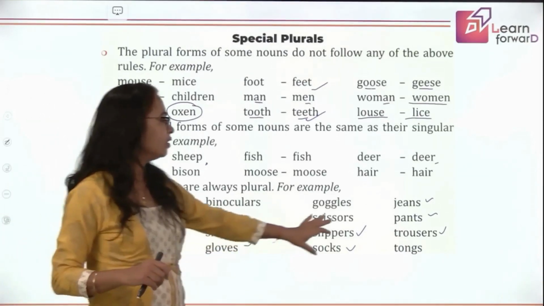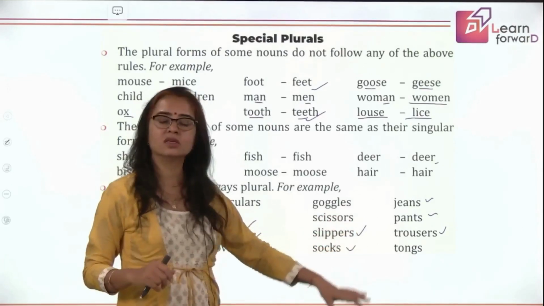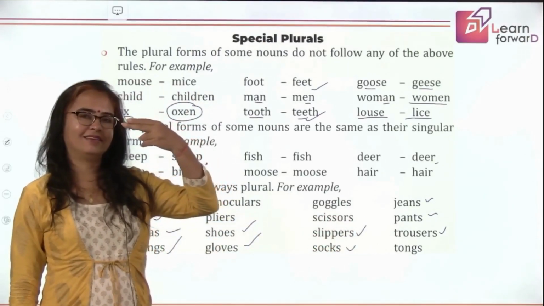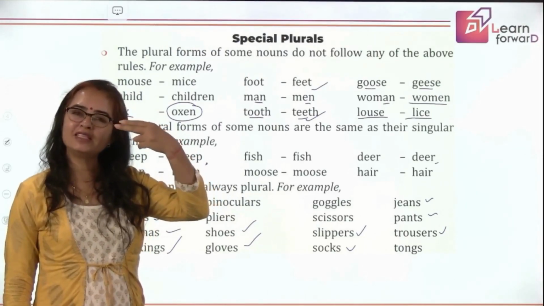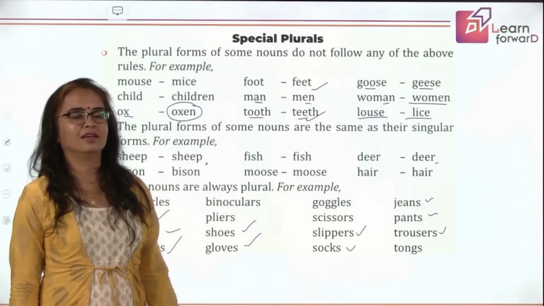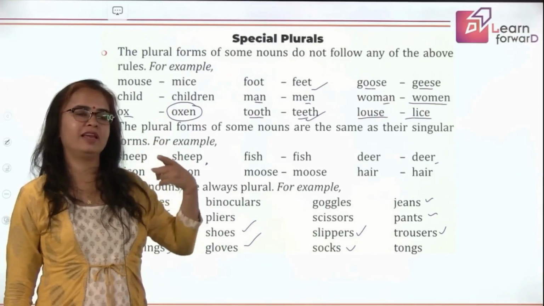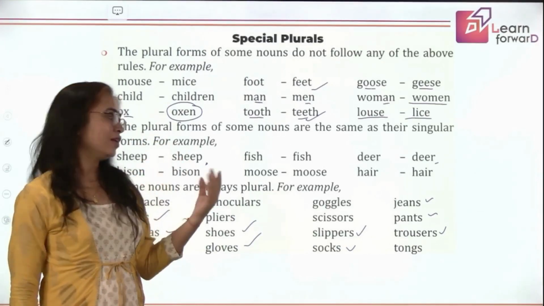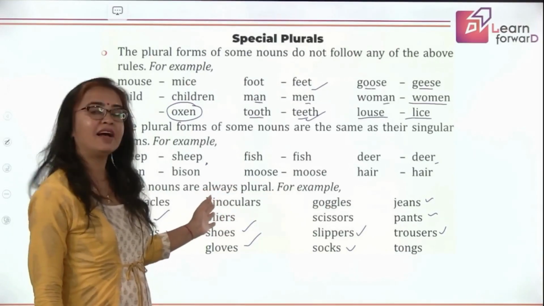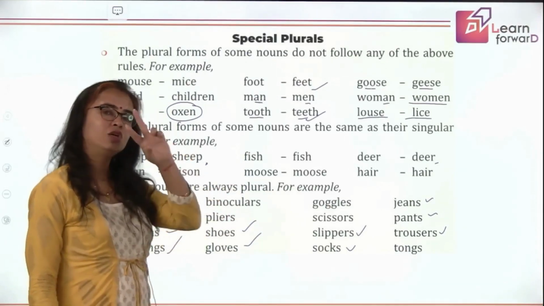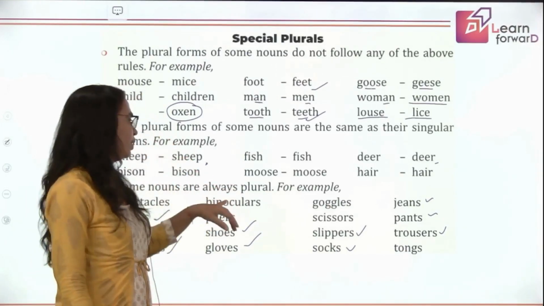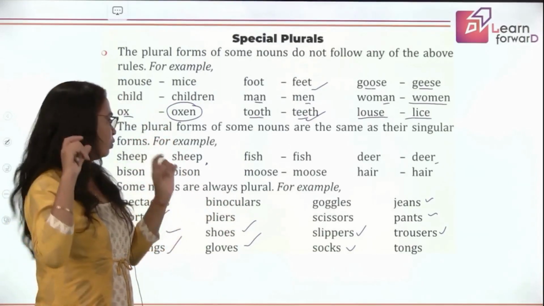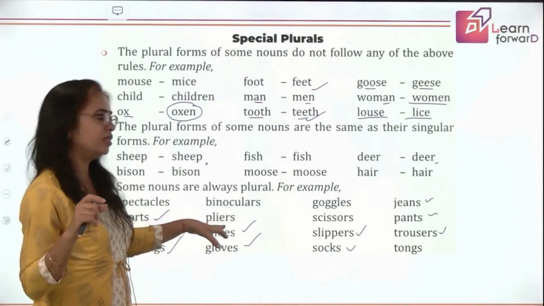Now look at the word like scissors. What is scissors? How many blades are there? Two. So two blades together make scissors. And if you just remove one, it will become a blade or a knife. So here also we have scissors, two things together. That's a plural. Same happens with your binoculars, right? That you need for focusing the distant things.